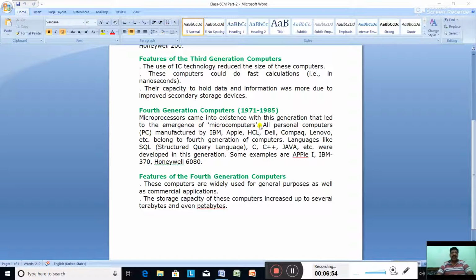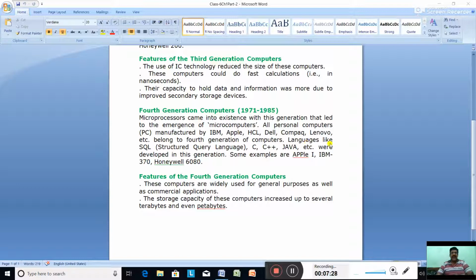Okay. All personal computers, which we call PC, manufactured by IBM, then by Apple, HCL, Dell, Compaq, Lenovo, belong to fourth generation of computer. And now do you know what is the latest microprocessor? It is Intel Core i7. The Intel Core i7 is the latest microprocessor which is used in the desktop and laptops.